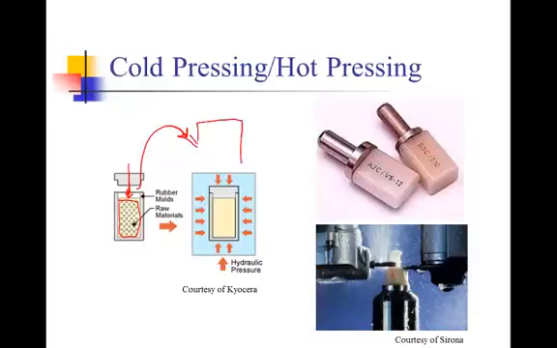I'll draw a furnace for you there, and heat that. And so that would be cold pressing: if we press it at room temperature and then remove it from the mold to put it in the furnace.